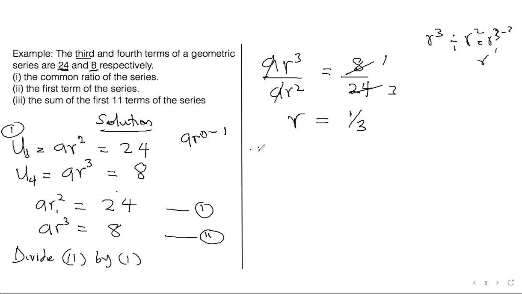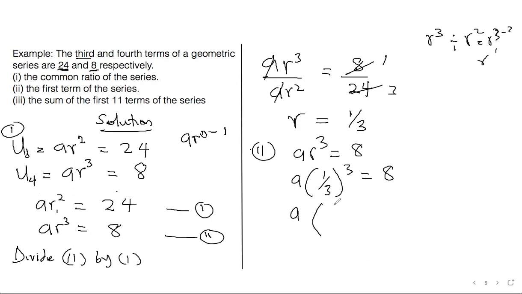The second part says find the first term of the series. So how do I get a? I can substitute the value of r into any of these equations. If I use equation 2, then ar raised to the power 3 equals 8. So a times 1/3 raised to the power 3 equals 8. 1 raised to the power 3 is 1, and 3 raised to the power 3 is 27.